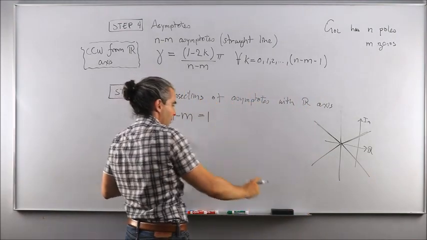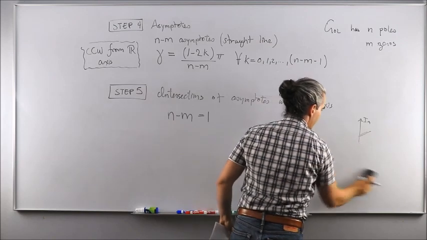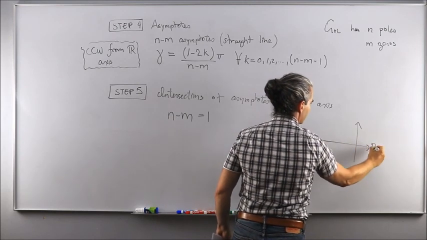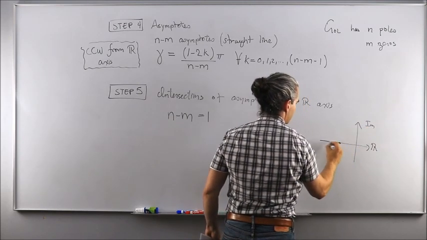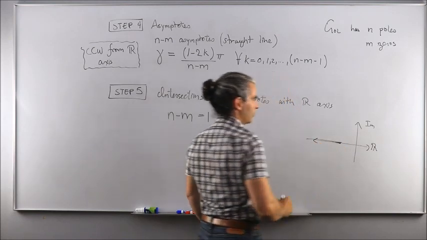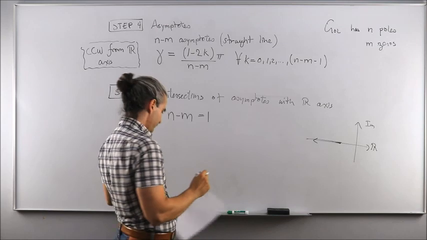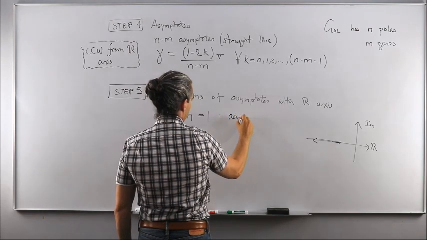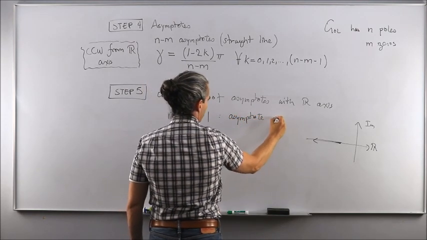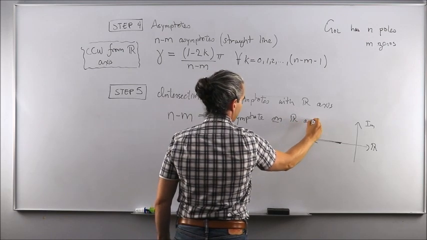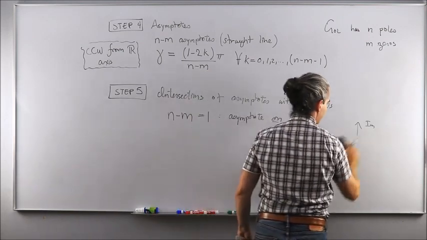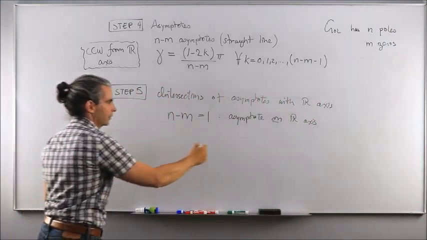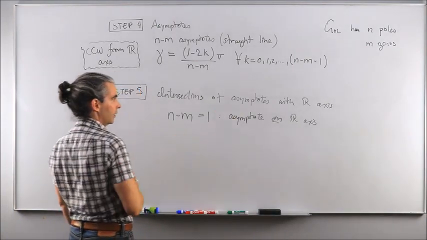But if you happen with only one pole in excess of the zeros, the only choice you have is to have your asymptote directly on the real axis, say like that, to ensure that you still satisfy step number 1. In that case, you get the asymptote directly on the real axis, such that you don't need to calculate any intersection point, because there would be a multitude of intersections, right? Because it lies directly onto the real axis.